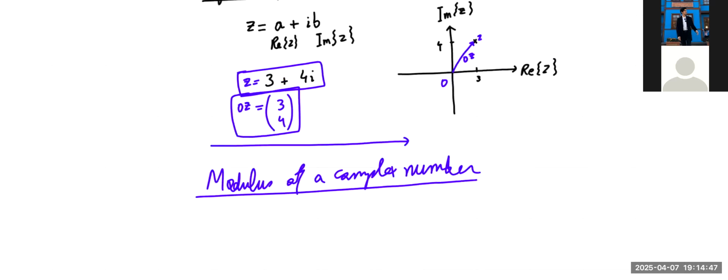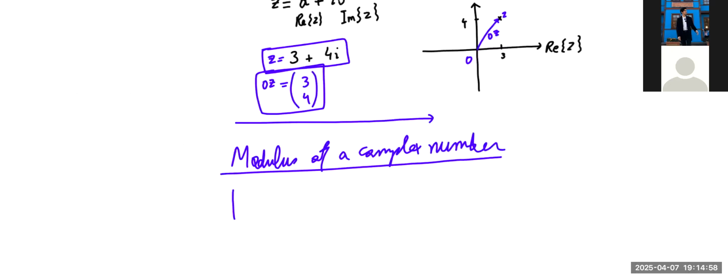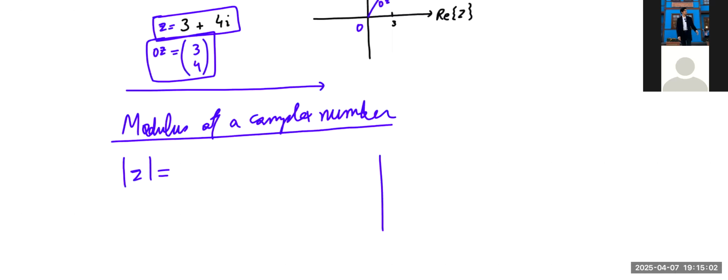Now, thankfully, even though it looks different and we've named things differently, it still functions similarly to the xy axis. So we can find the modulus of a complex number by simply using Pythagoras theorem, because we have a triangle whose horizontal and vertical sides we know. The vertical side is the imaginary part of the number, and the horizontal part is the real part of the number.